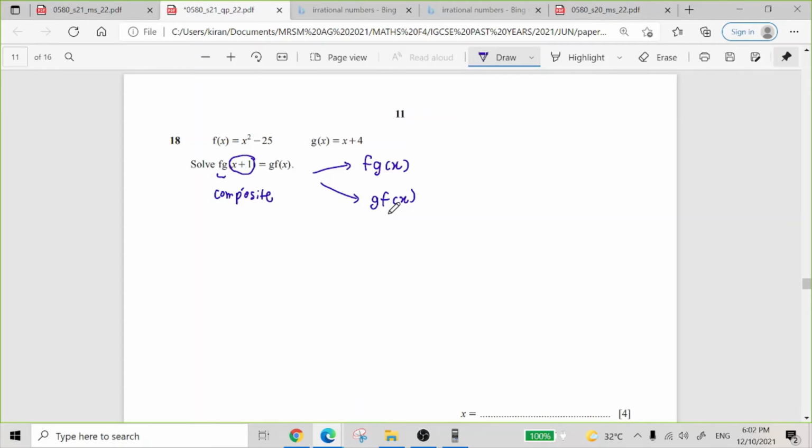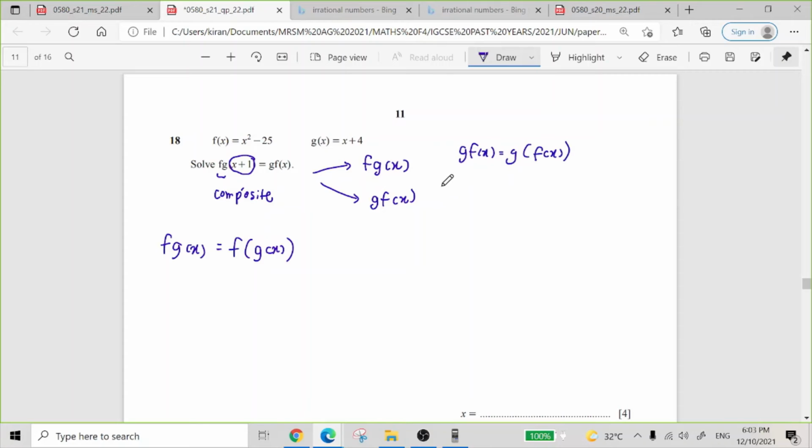Because for this part, we do it one by one. When we go to fg(x), we substitute the function g(x) into function f. For gf(x), we substitute the function f(x) into function g.